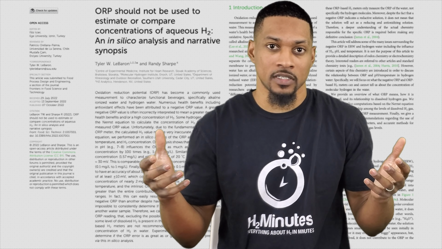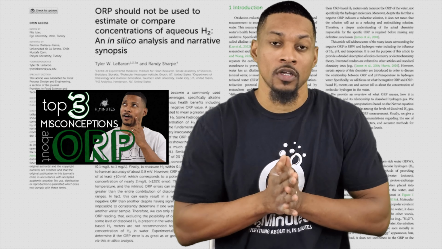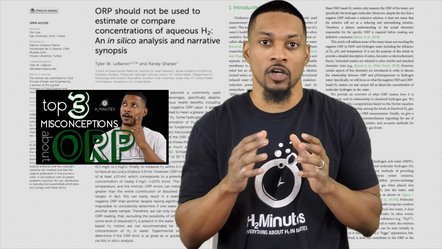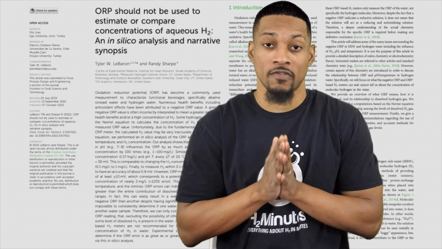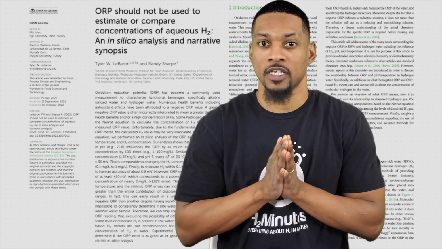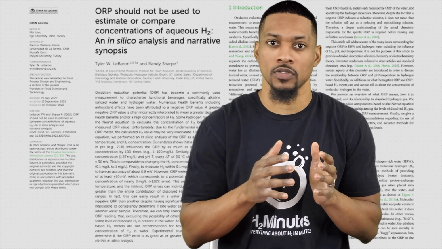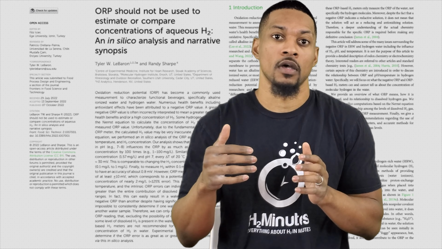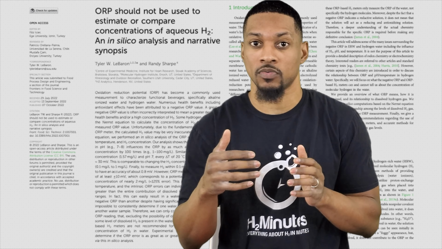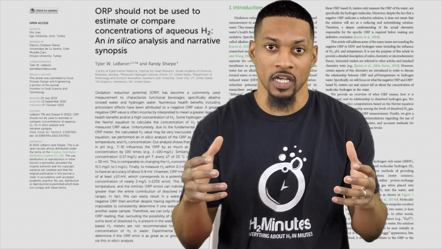We already discussed certain aspects of this, as I said, in our ORP video. But I do think this article is awesome because it gives you a very detailed breakdown and basically shows that ORP can be used to detect the presence of dissolved hydrogen gas within solution, as long as you can identify there are no other reducing agents in the water.